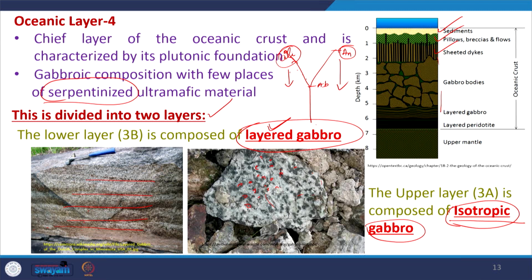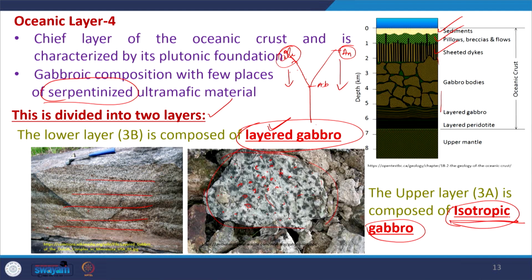They remain here and there where they crystallize. So we create a rock that is mostly felsic, but with mafics occurring at isolated patches. That is why it is called isotropic gabbro.